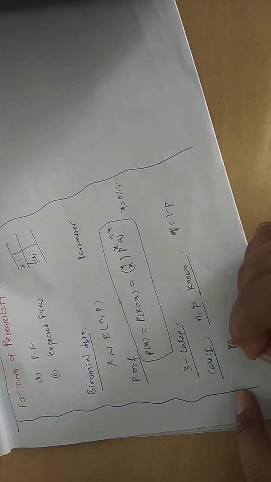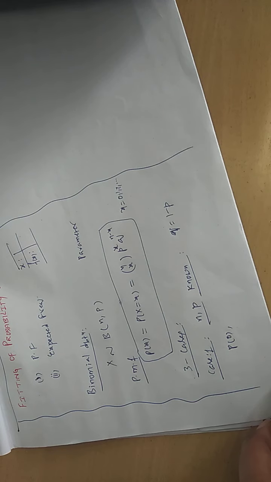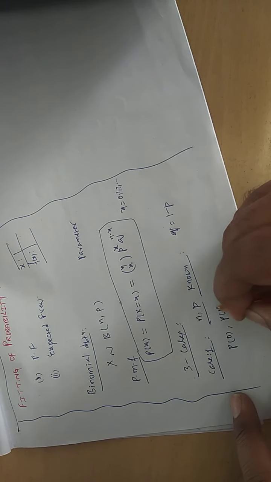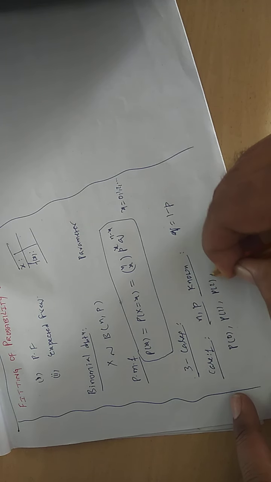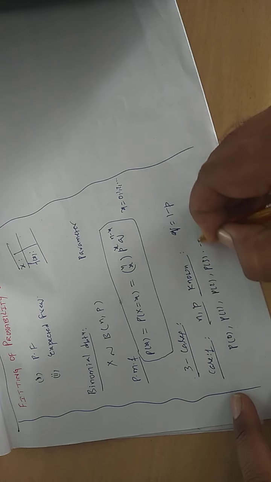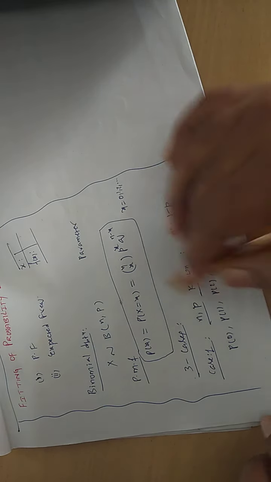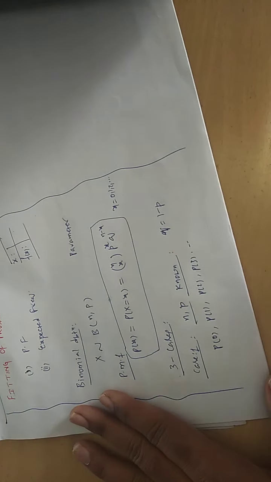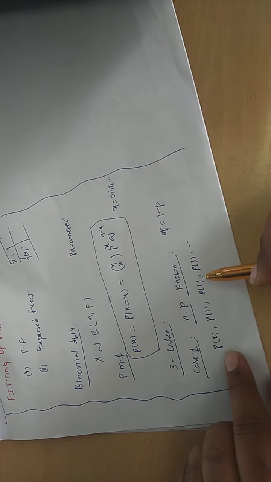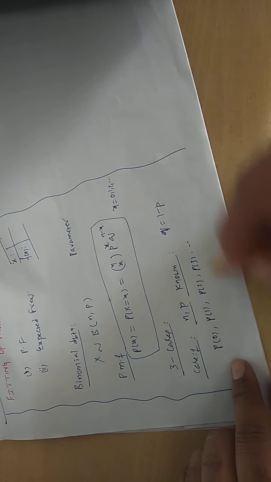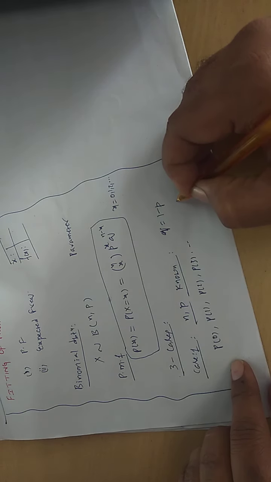If you substitute x value as 0, you call that probability of 0; if you substitute 1, probability of 1, like probability of 2, probability of 3. These are the probability values you are going to calculate. Then multiply these probability values with the total frequency already known.